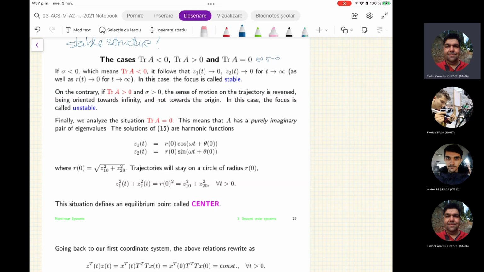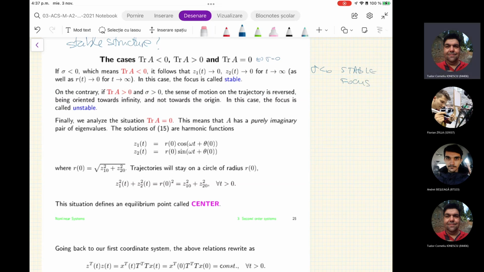Well, if sigma is negative, because we talk about complex conjugated eigenvalues, then z1 goes to 0 and z2 goes to 0, and this is a stable focus. Okay, so sigma negative, stable focus.